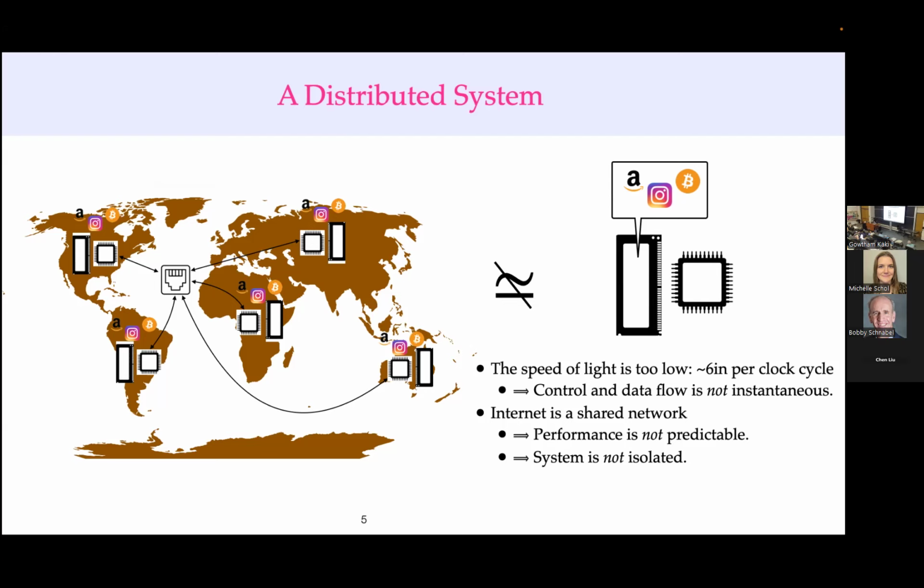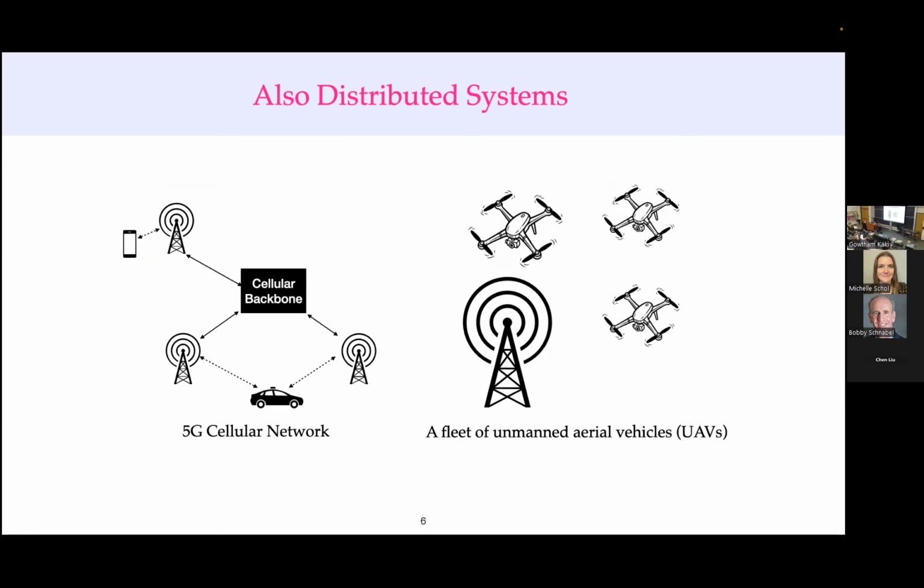So these are the two major implications of building a large distributed system connected via a public network. A distributed system may not look exactly like this. These are distributed systems as well. You can have a 5G cellular network where user agents communicate via base stations and a cellular backbone.